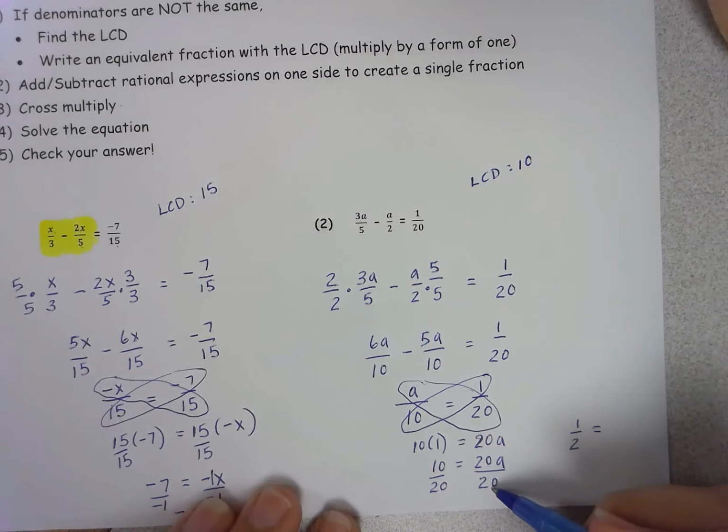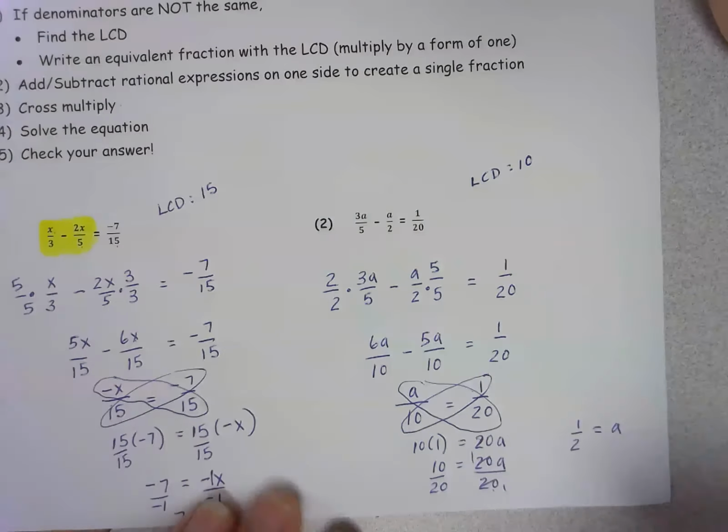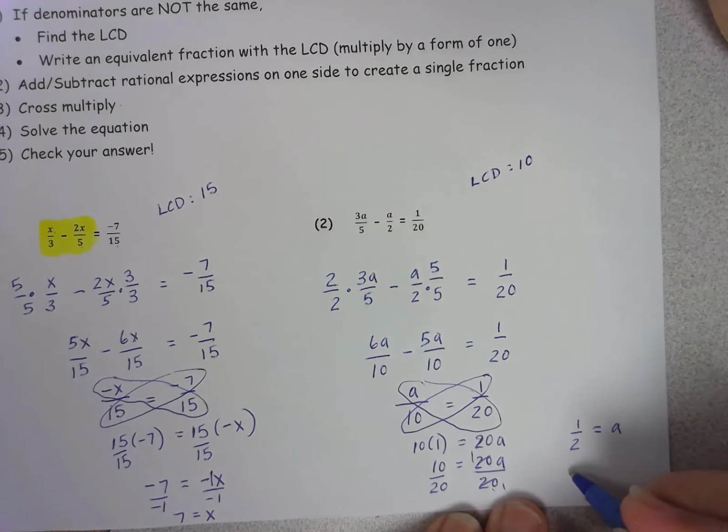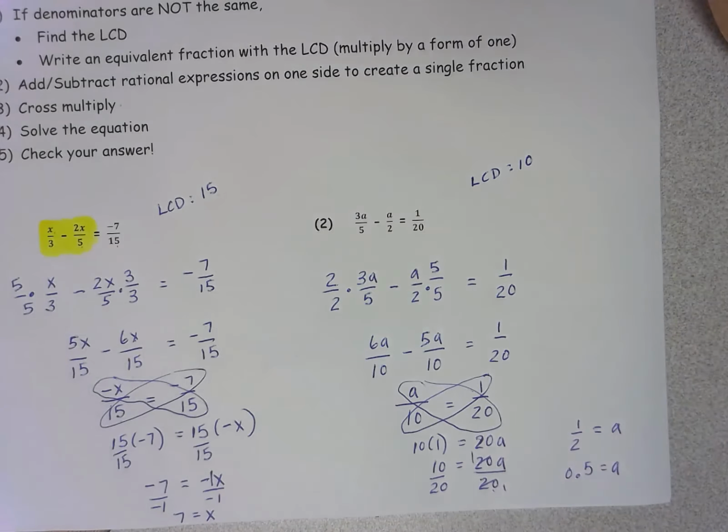And 20 divided by 20, any number divided by itself is 1, and we're left with a. So a is 1/2, or you could say 0.5 is a. And that is how we are able to solve a rational equation by creating a proportion.